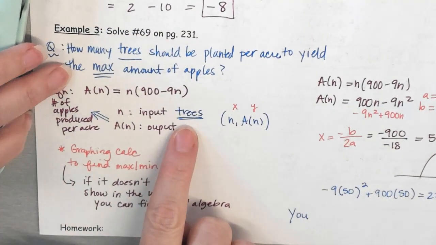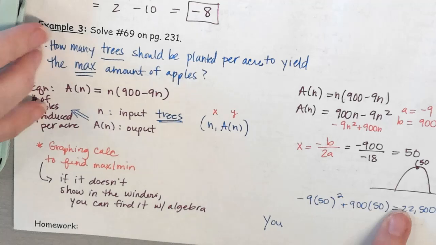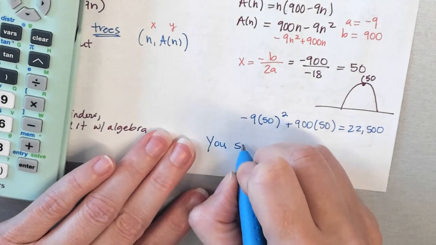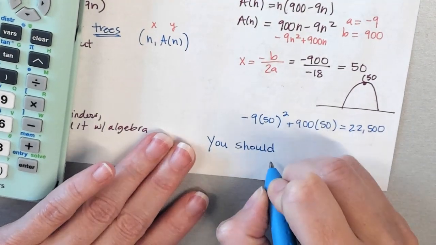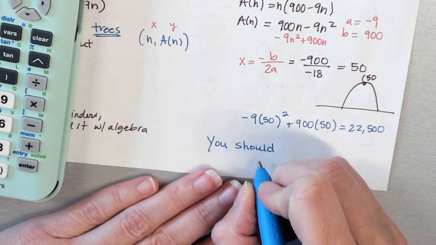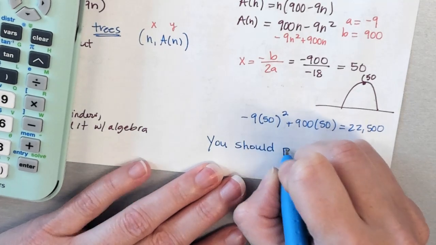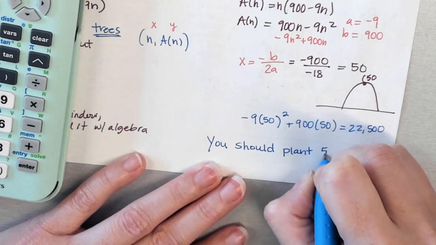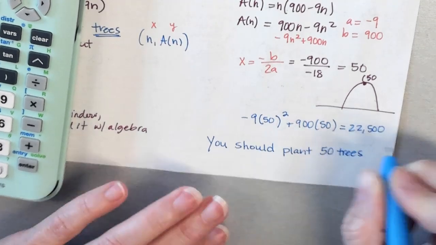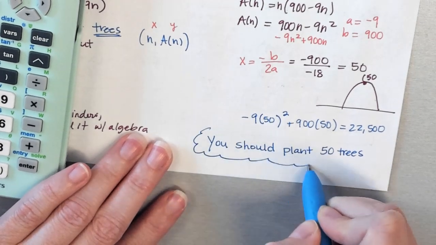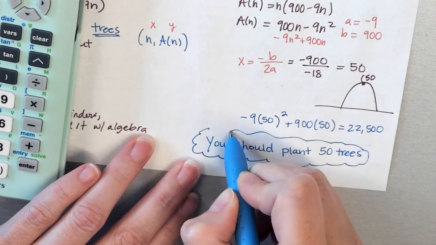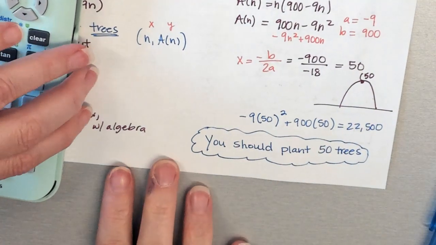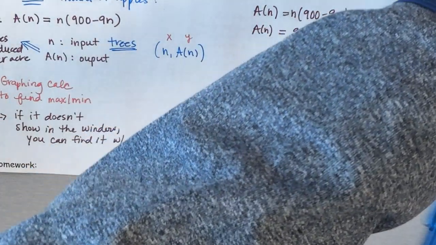So this is the trees, this is the apples. The output is the apples. Just pay attention to what they're asking you, because sometimes they might be asking for the y-coordinate. So you should plant 50 trees. Do you have to find this with your graphing calculator? No, I would find it with algebra, but I know a lot of you like using that as well.